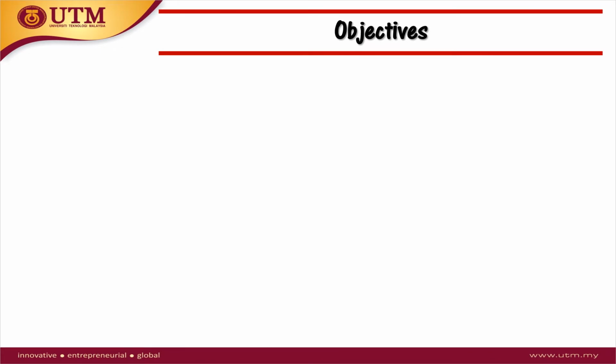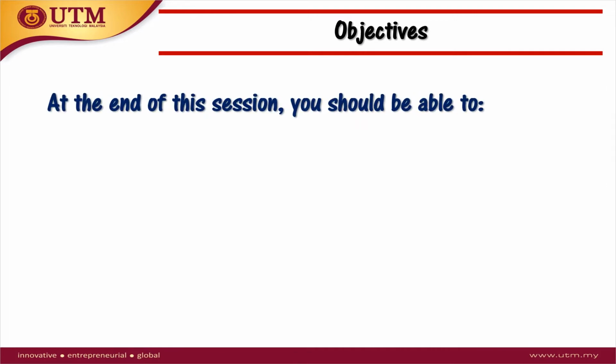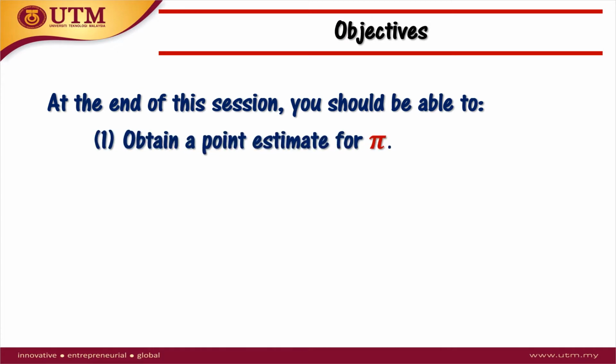First, let us look at the objectives of learning this topic. At the end of this session, you should be able to do the following. Firstly, you should be able to obtain or calculate the point estimate for an unknown population proportion denoted by pi.